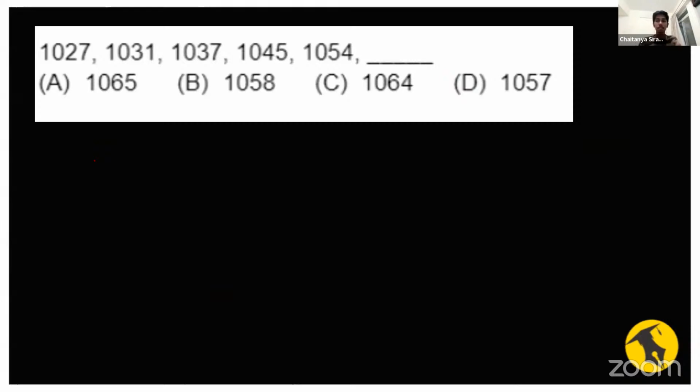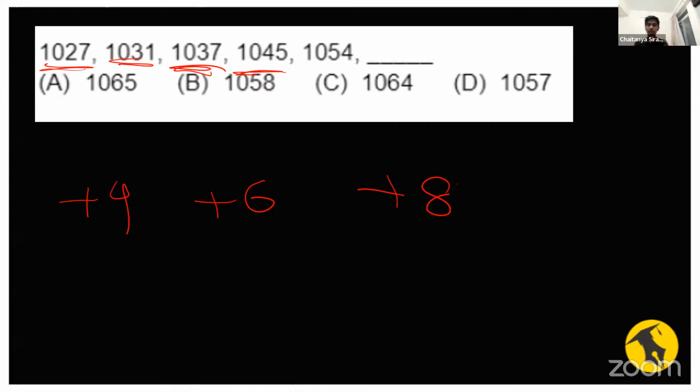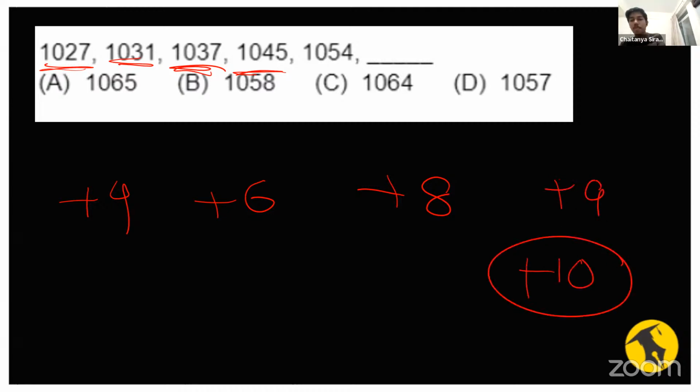All right. This one. If you see, I am doing a +4, then +6, then +8. So by this time, I think the next would be +10. Maybe +10. But it's not +10, it's +9.